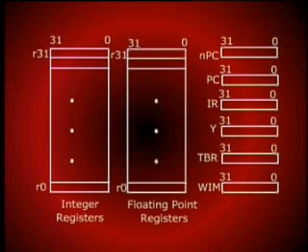The user programmable registers here are not indicated, and these are basically called coprocessor registers, and the user could in fact put special functions in these registers. We will not go into the details.